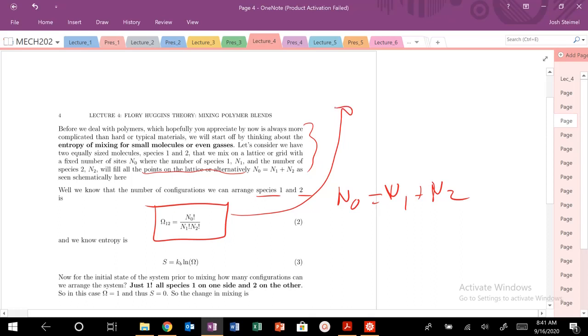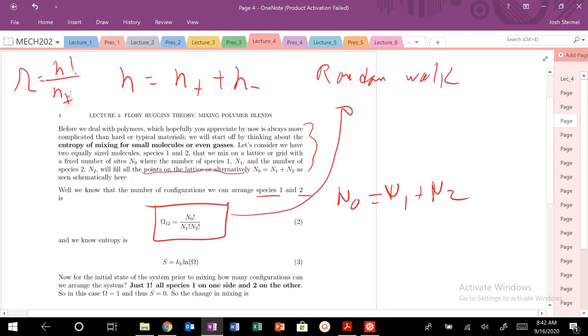This is very similar to what we talked about previously for our random walk. Remember, our random walk of n steps equals n plus steps plus n minus steps. So very similar idea, a similar distribution to what we saw. The number of microstates or configurations is just going to be this factorial over these factorials. So this gamma 1,2 is the number of configurations for what we're going to call our mixed state.